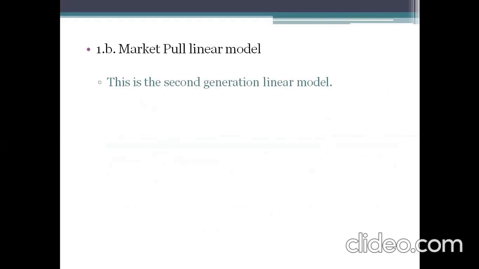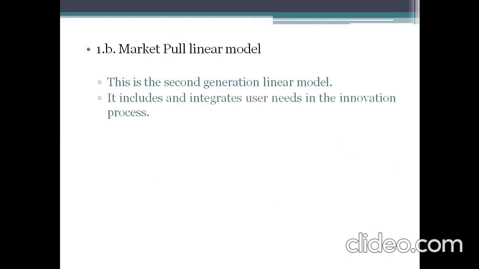But the second generation linear model is something different, which is the market pull linear model. The process is entirely reverse. The customer is playing the crucial role. The customer is asked first what they require, and after that the marketer, the manufacturer, makes the necessary changes, makes the experiments, develops the product, and tries to fulfill the need and the demand of the market.